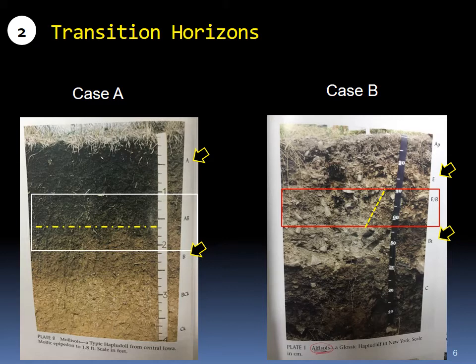Whereas if you look at case B, the transition horizon has properties of E and B, but the B part looks like a slash into the E one.